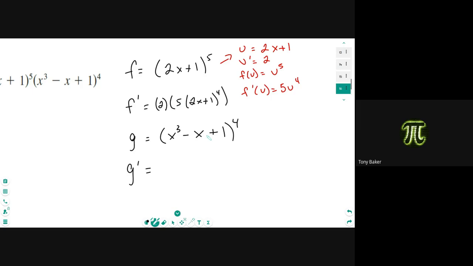So this should be 3x squared minus 1 times 4, x to the third minus x plus 1 to the third power.